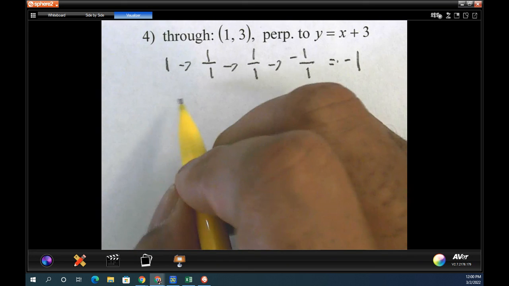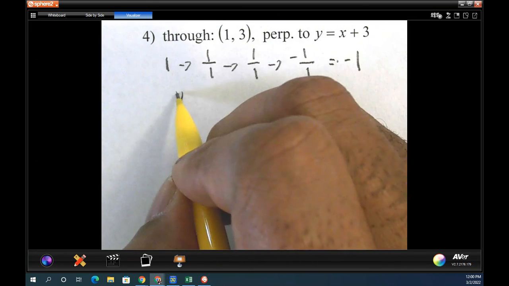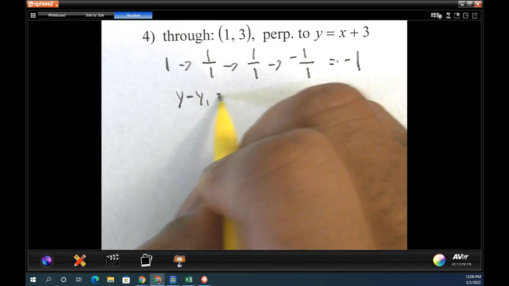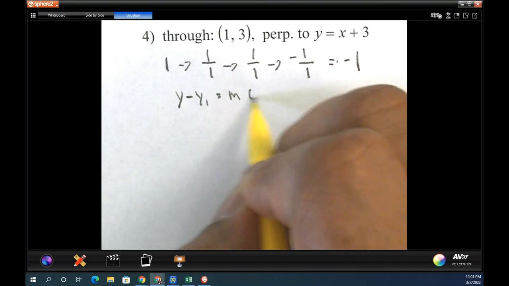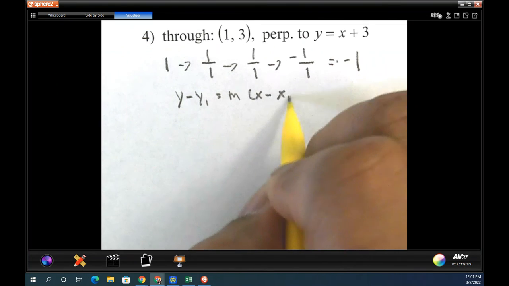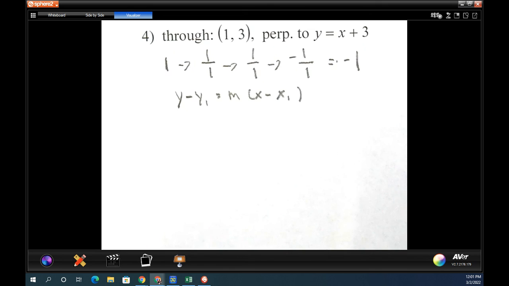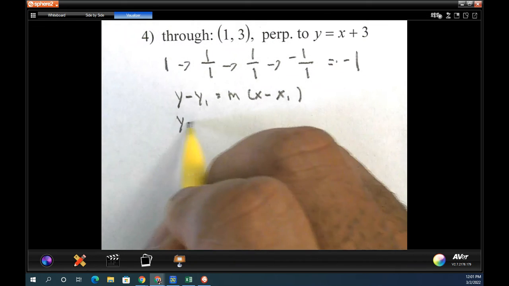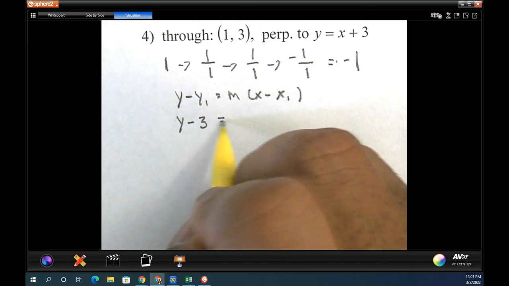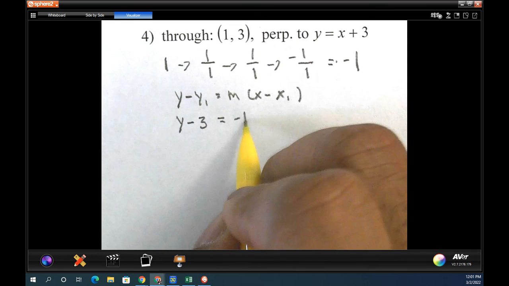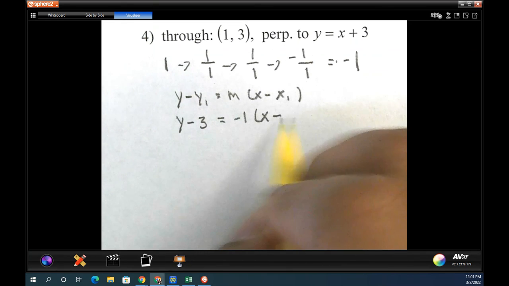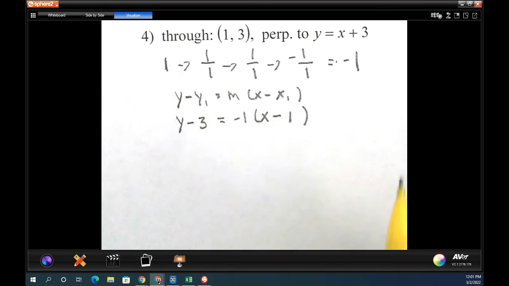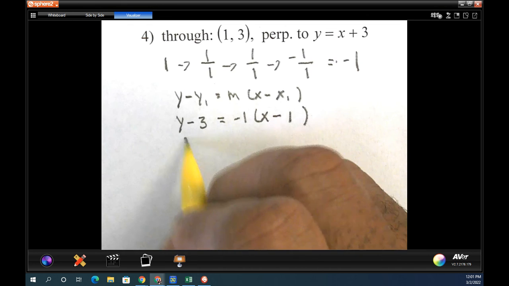All right, point slope formula. Y minus y sub 1 is equal to m times x minus x sub 1. It should have been y minus 3 is equal to negative 1 times x minus 1. So you rewrite this side.